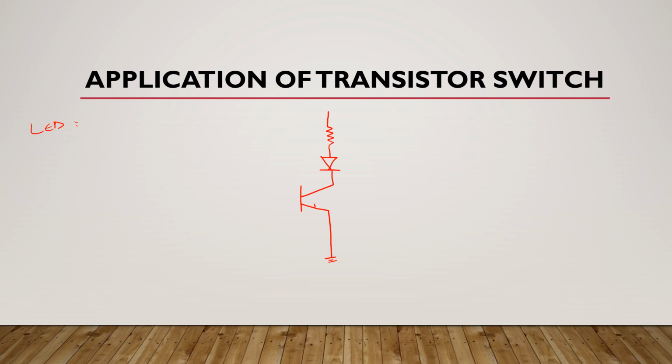The arrow is here, it means it is an NPN transistor configuration. Here we have RB, here we have RC, here we have VCC. This is a diode which is light emitting diode. Here we have input supply voltage.